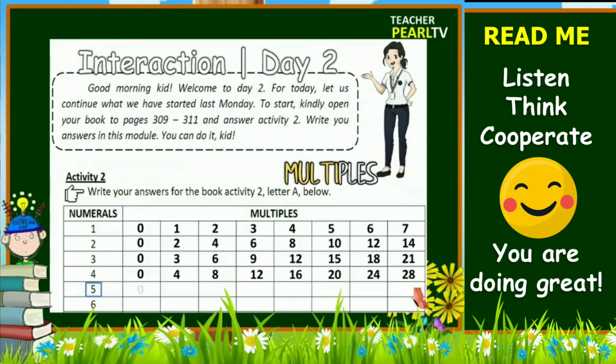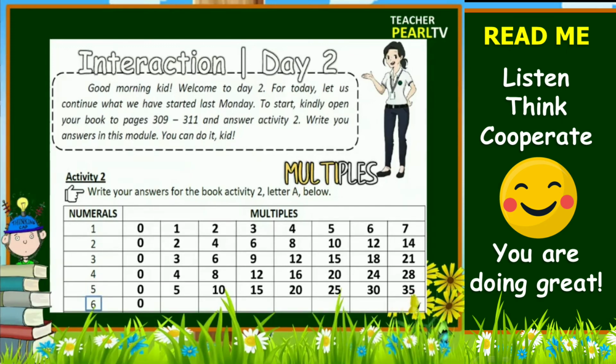That's 0, 5, 10, 15, 20, 25, 30, and 35. Last example. Let's get the multiples of 6.